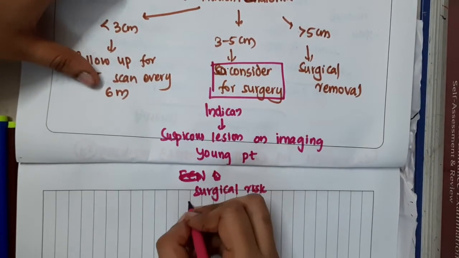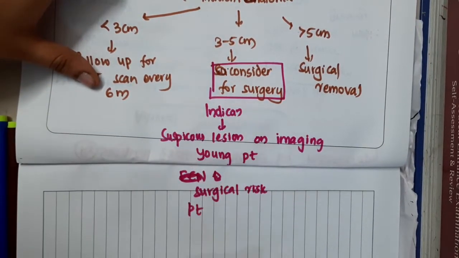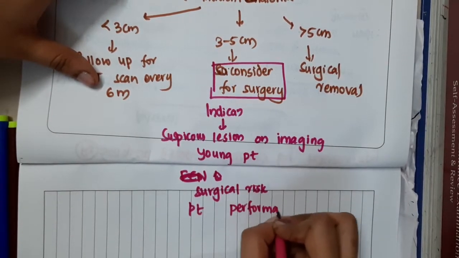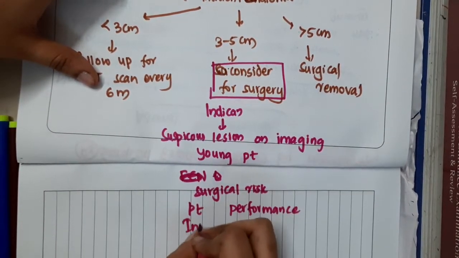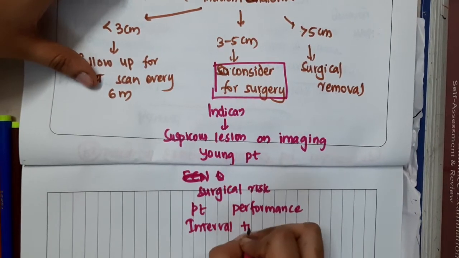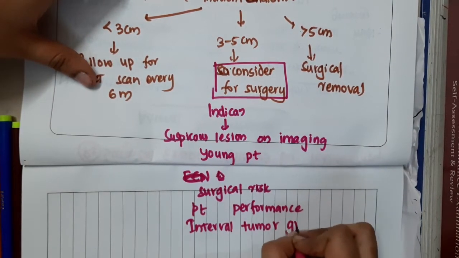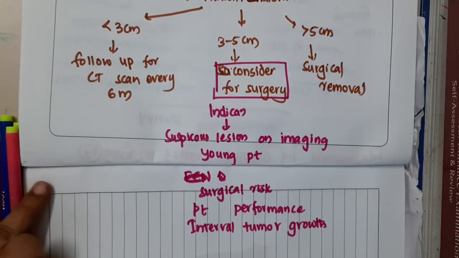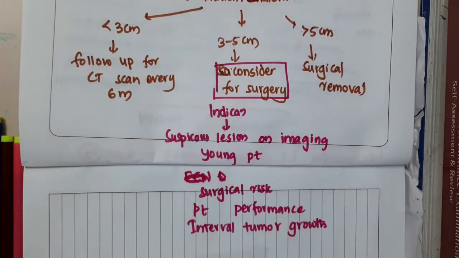You should also take the patient's performance into consideration, and you should see interval tumor growth, how the tumor is growing in between the intervals. And if there is excess tumor growth, then you should definitely consider surgery in these patients.